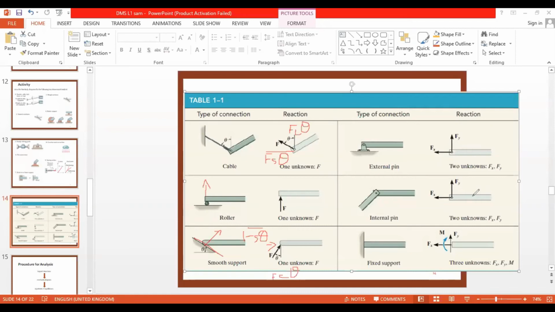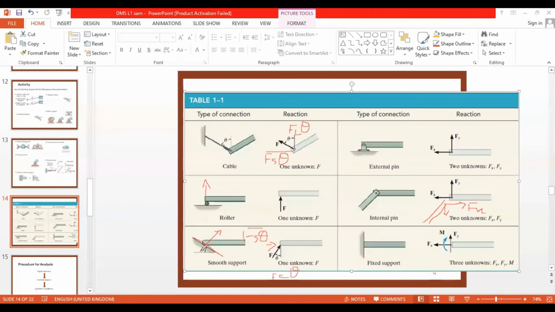If it is asked to calculate on this body, then I will draw only for that body. Or if it is asked for this body, then I will draw only for this body. If this is Fy, then I will have Fy here. If this is Fx, then I will have Fx on the other side. While joining this joint and this joint, these should diminish and it should be like this.